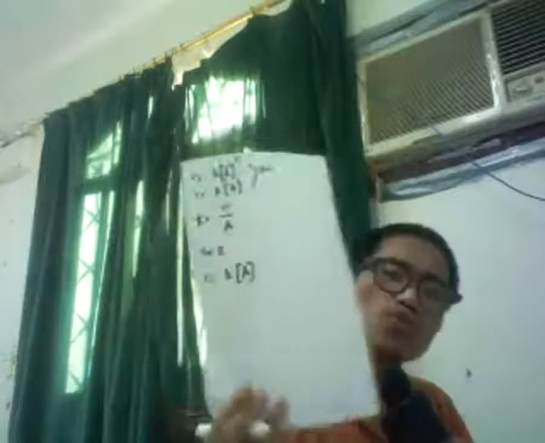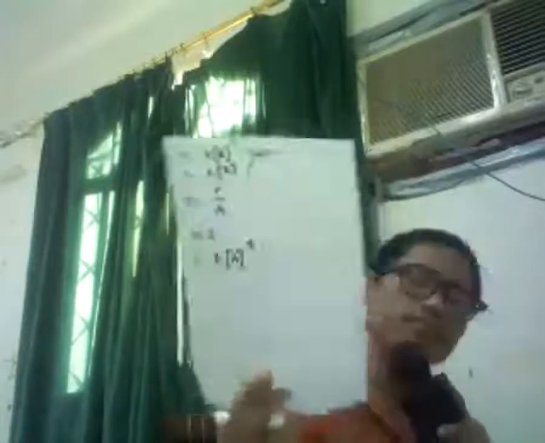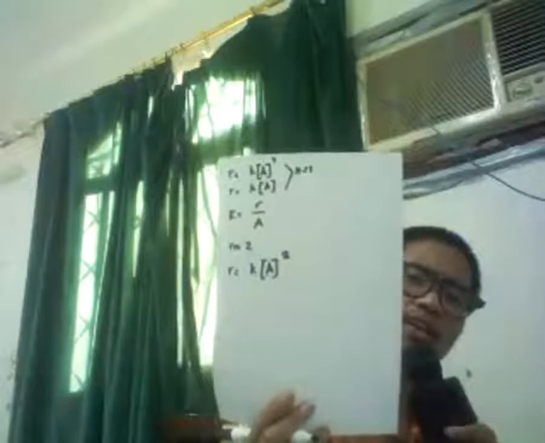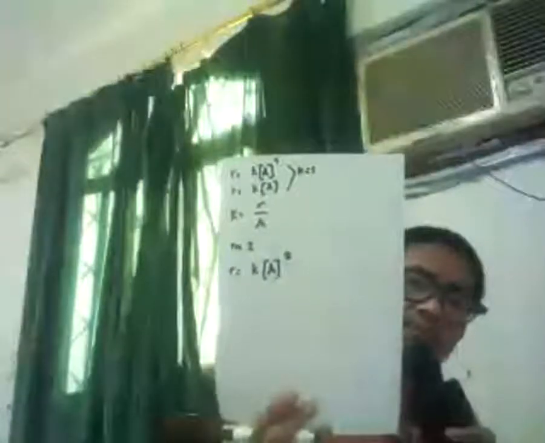Later, we don't employ coefficients yet. So still using A equals B. R is equal to K times the initial concentration of A raised to the power n equals 2. So this is 2. This is our second order, raised to the power 2, because it is second order.